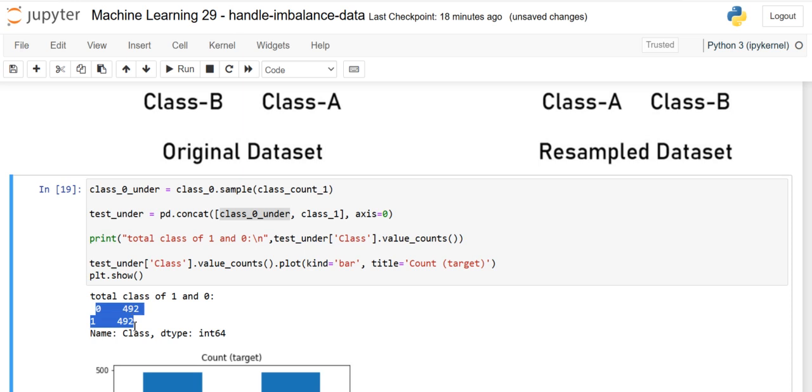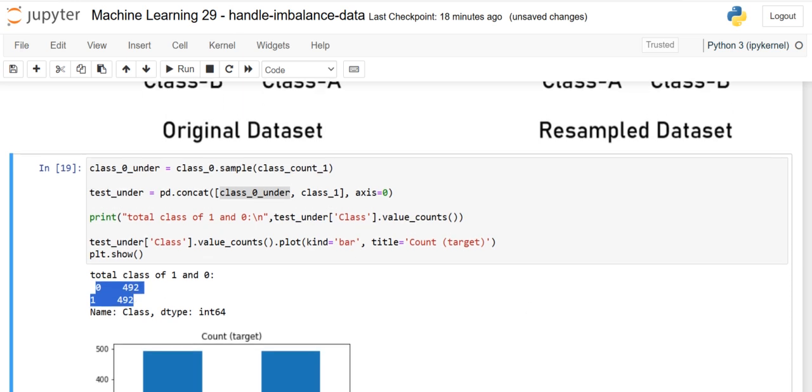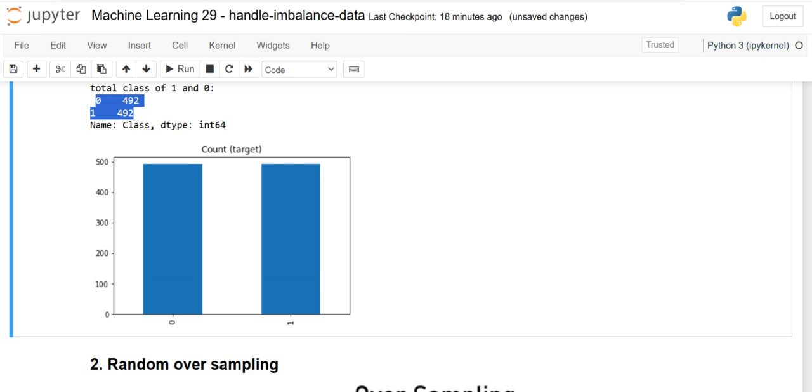Now both have 492 records. So this is exactly what undersampling does. Most of the data has been removed, so loss of information may happen.